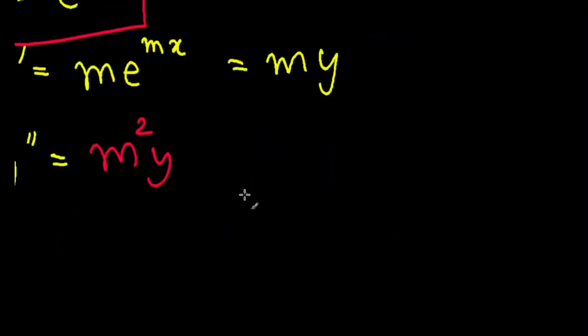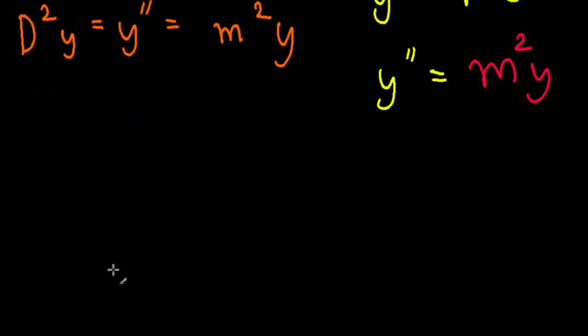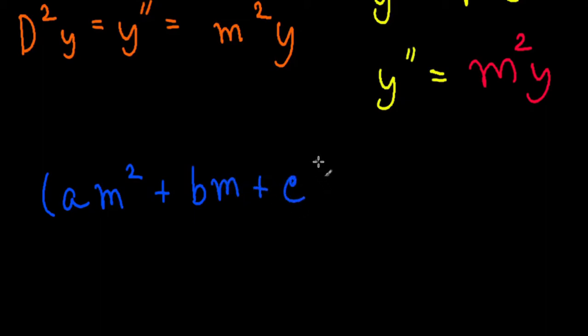So what we have here, if you substitute y and its derivatives, is exactly as we saw, am squared plus bm plus c. This is multiplied by y, but y is equal to e to the power mx.